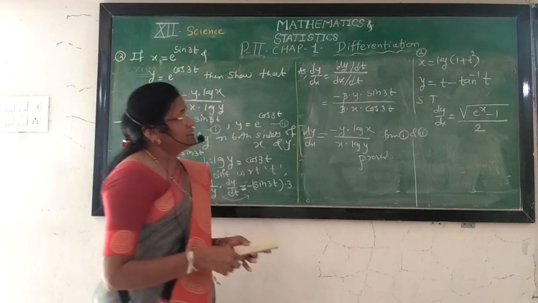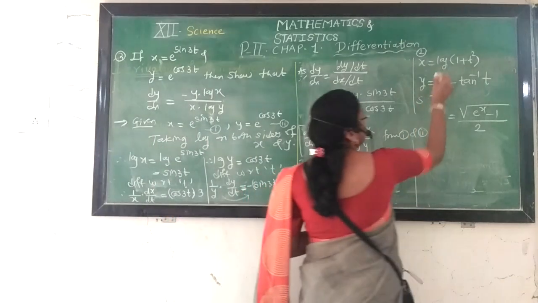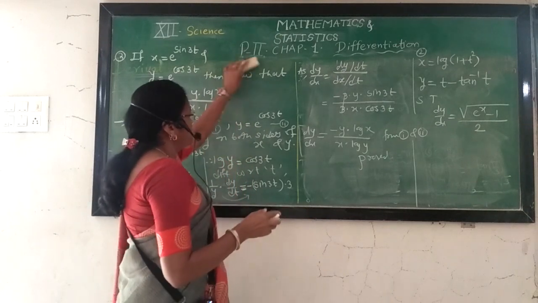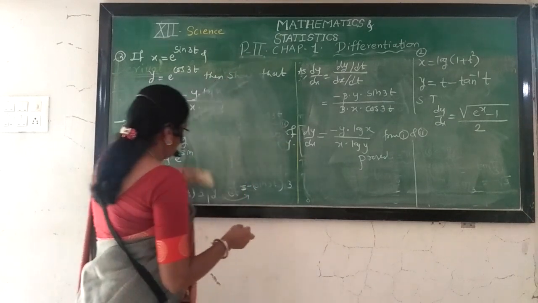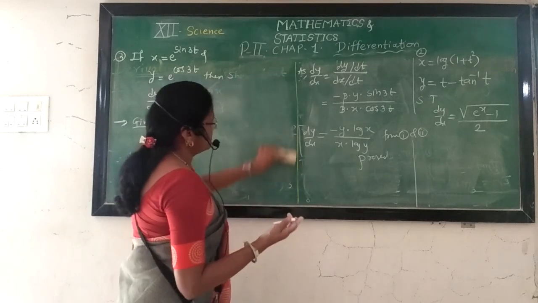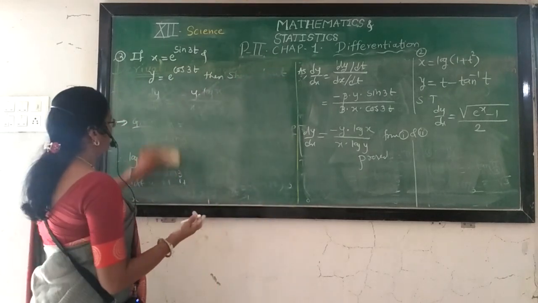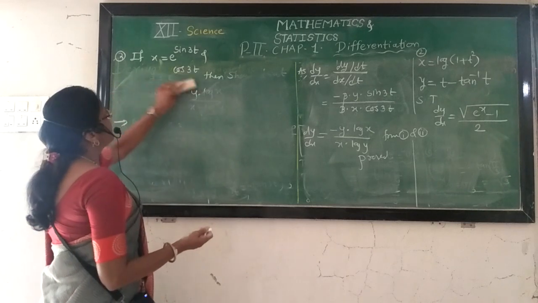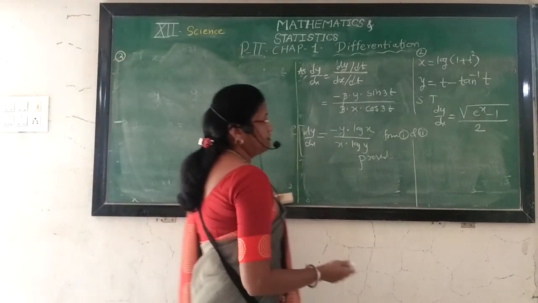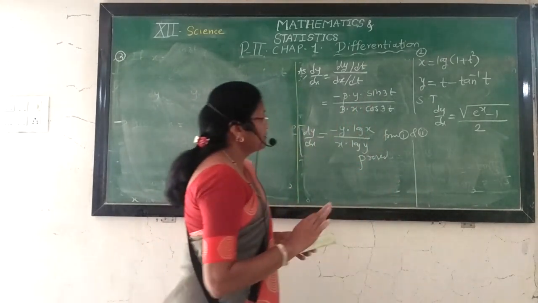We take x is equal to log of 1 plus t square and y is equal to t minus tan inverse t. From this chapter, up to the derivative of a parametric function, we have covered the derivative of a composite function and the derivative of inverse trigonometric functions. We can use those results to find the derivatives of x and y with respect to t.